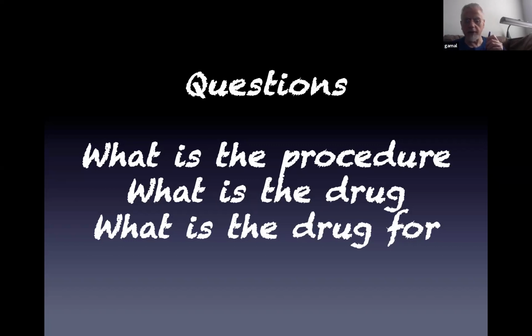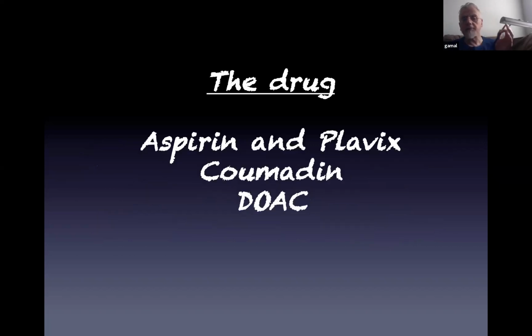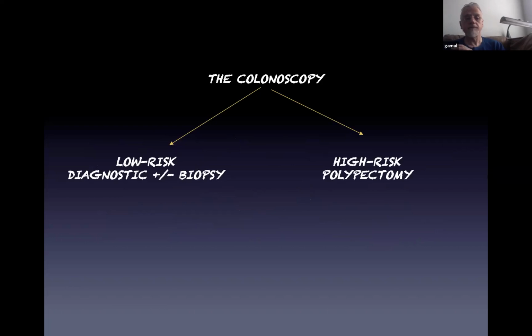3 questions that we have to ask. The drug can be aspirin and Plavix, as we said, Coumadin, or direct oral anticoagulation. The colonoscopy can be low risk, which is just diagnostic plus or minus biopsy. Little biopsy of the colon, like ulcerative colitis, and I'm doing biopsy. Or it can be a high risk, like a big polyp. Depends, not all the same.